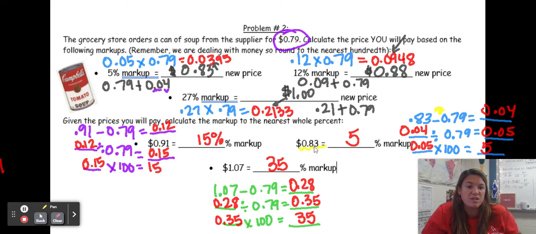So this was a 5% markup when we were charged 4 cents more. This one we were charged a lot more. So the store charged us $1.07. So we were paying 28 cents more than what they paid. When I divided that by the original amount, I got 0.35, and that when multiplied by 100 gives me 35%.